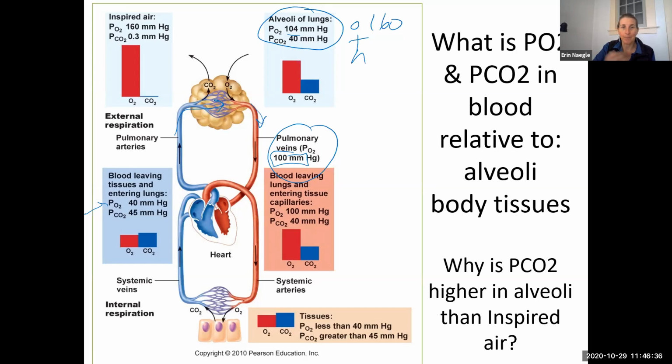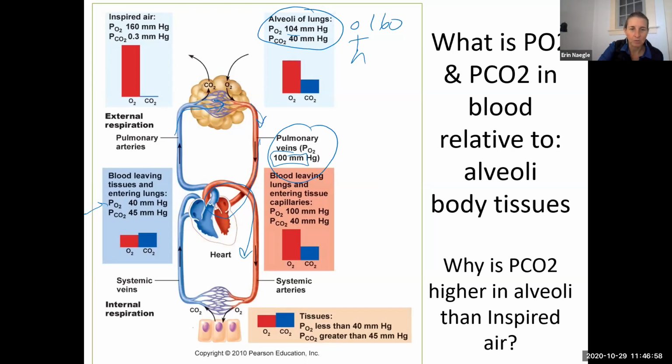And then notice, as it goes through the heart, gas exchange isn't happening, so it's still staying at 100 millimeters of mercury. Then it's going to get down into your capillaries, and here's where our internal exchange is going to happen.